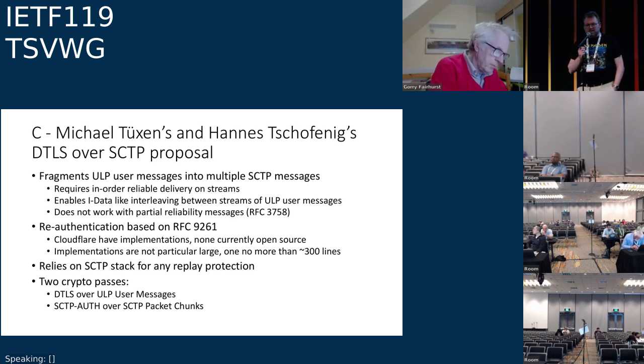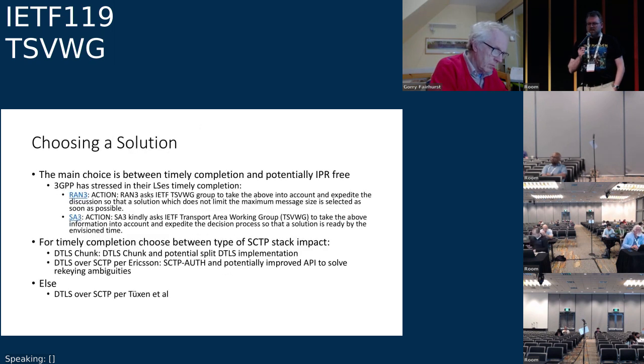Okay, let's go on. So we're now coming up towards choosing a solution for the way forward. I think the main choice really is between timely completion and potentially IPR-free. And 3GPP has stressed in the analysis back to the working group that they want to have a solution quickly.